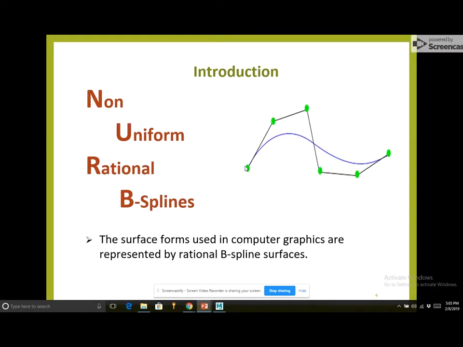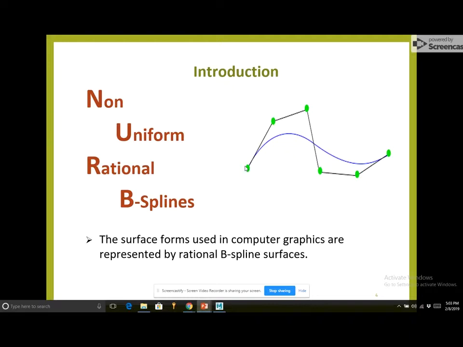And surface forms such as cylinders or cubic surfaces or quadratic surfaces, which are used in any computer aided design or graphics, are usually represented using these NURBS curves.